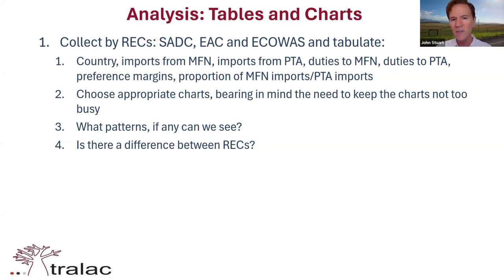So we expect to see that the proportion is always going to be less than 1. In other words, we expect that usually there'll be more imports coming from preferential countries than are coming from tariffed countries. Okay, so MFN are tariffed countries, PTA are non-tariffed or preferential, or possibly, again, another proviso, a preferential tariff may not be 0, could be, but the idea is less than the MFN.